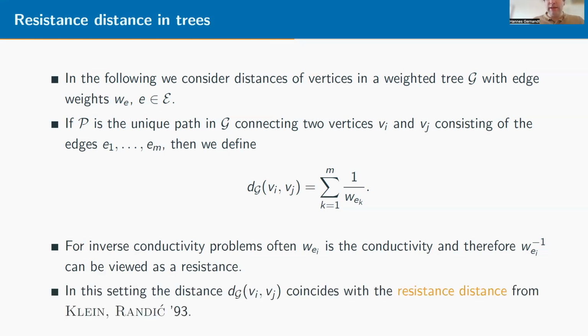And in that sense, this distance is a well-studied object. There's this nice paper on resistance distances in graphs from '93. And in that sense, this is somehow the right distance for discrete graphs.